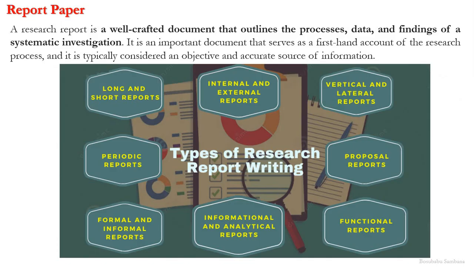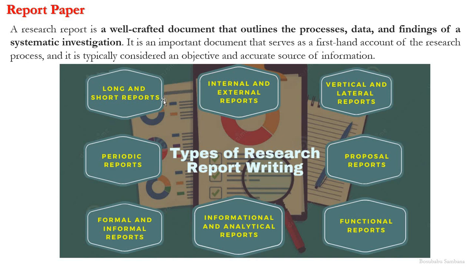Next, report paper. Everyone generally knows this report paper. In the report paper, researchers need to gather all information about the research topic and describe the most valuable characteristics. It is generally categorized into eight areas.